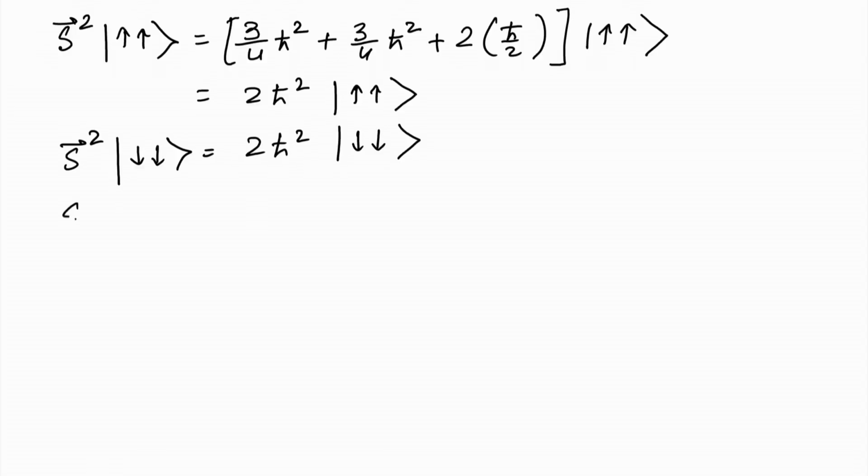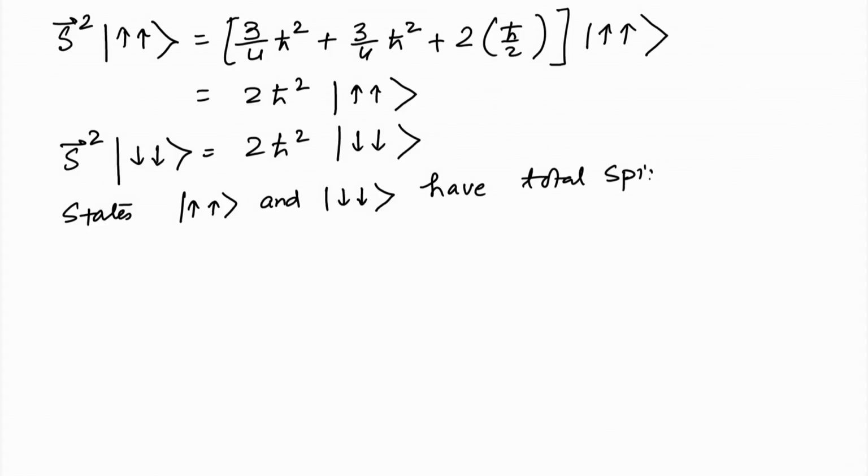So, these states, up, up and down, down, have total spin S equal to 1 and ms equal to plus or minus 1, in units of H cross. Okay.